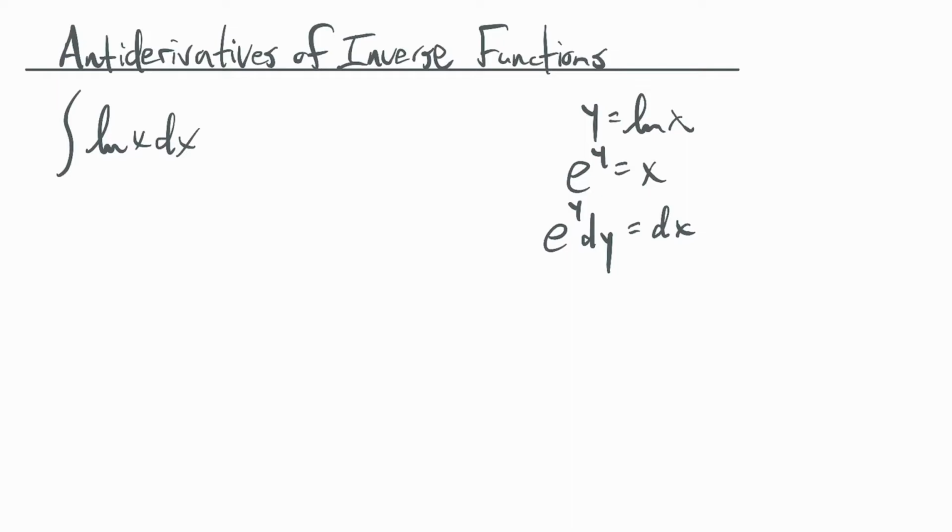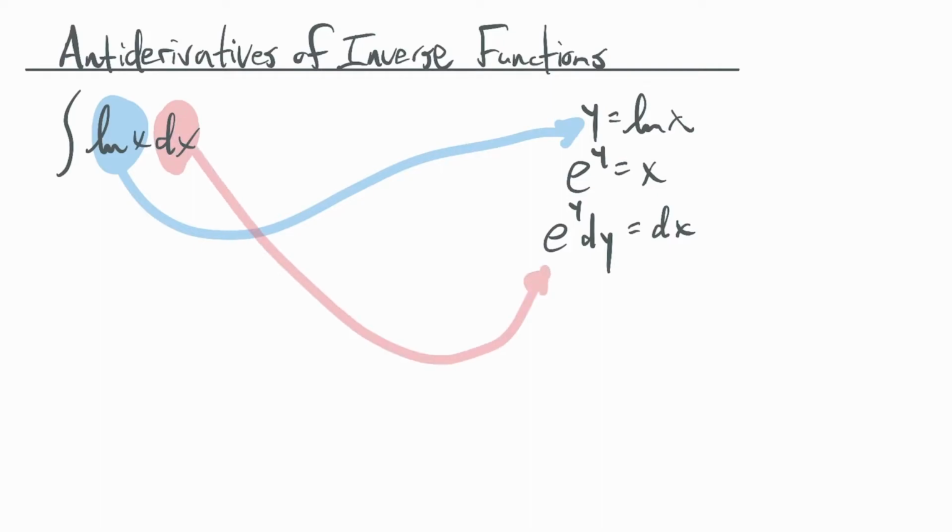So I'm going to make this replacement. It's almost like we're doing a substitution and integration by parts. So I'm going to replace ln of x with y, and I'm going to replace dx with e to the y dy. So we're going to switch over to y as a variable instead of x as a variable.